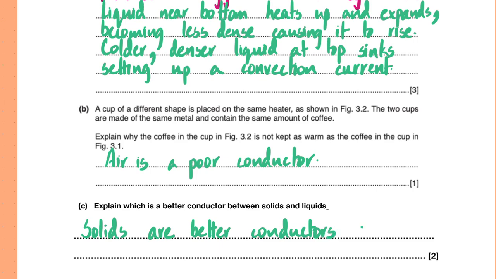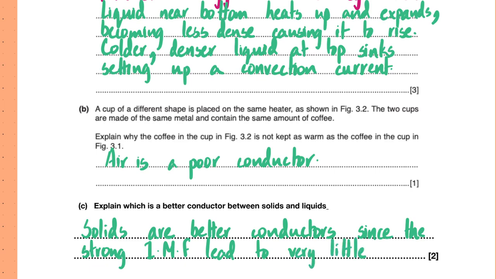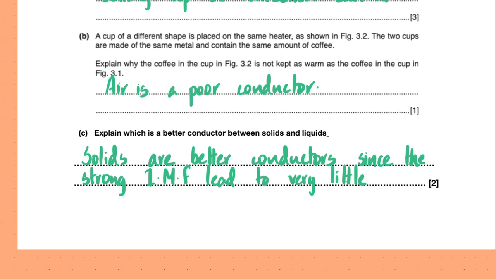Since the strong intermolecular forces cause, or you can say lead to, very little spacing between particles. So the idea is this, that the pushes between the particles are very efficient, and then those are passed on.